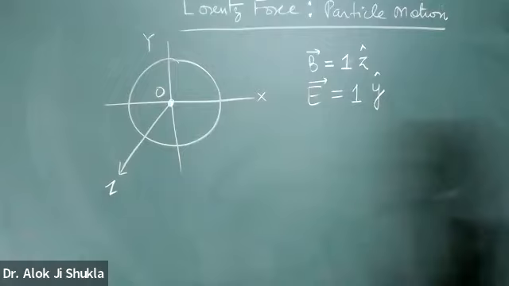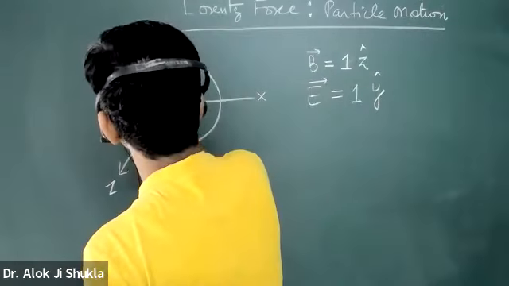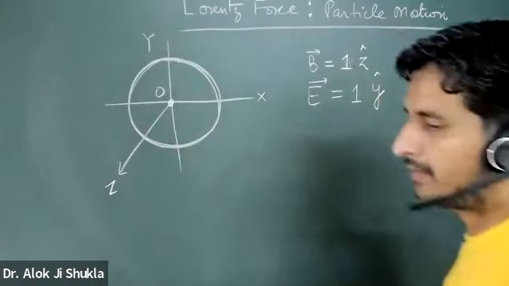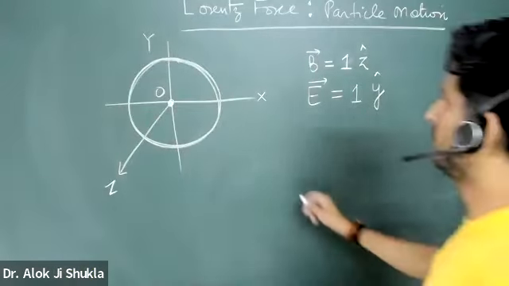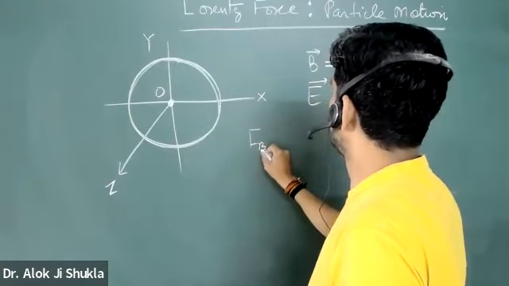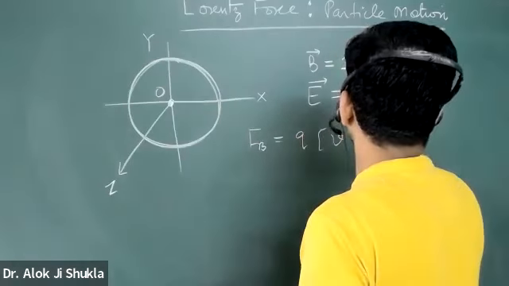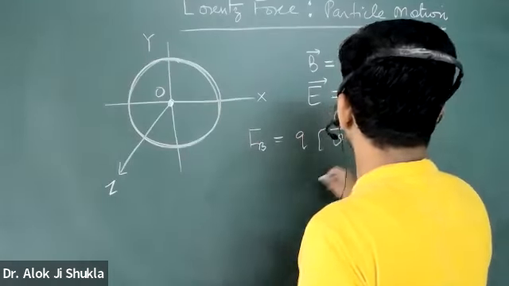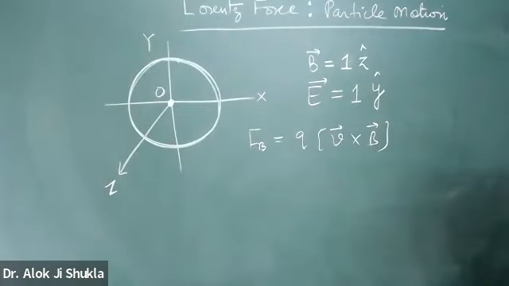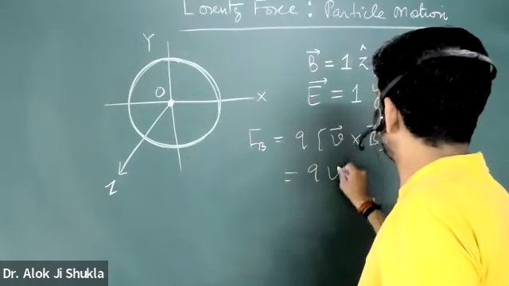So जैसे, it is moving in a circular orbit like this. So magnetic field is keeping it in the circular orbit, right? You know, if only magnetic force is there, तो क्या होता है? Q V cross B. So suppose velocity and magnetic field, they are perpendicular. So it will be just QVB.